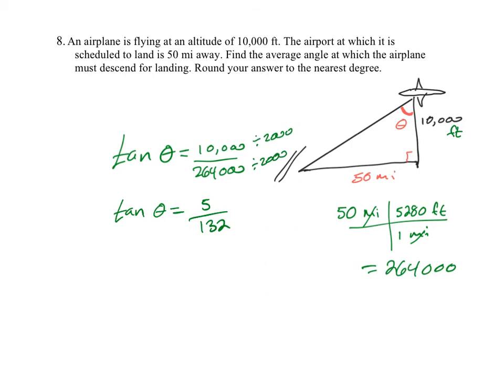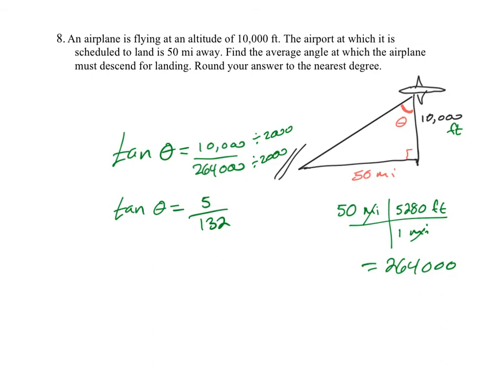Right? So now, because I'm finding the angle, theta equals the inverse function of tangent. So that is the same as an angle of 2.2 degrees, but it's asking me to round it to the nearest degree, so that means that is 2 degrees.